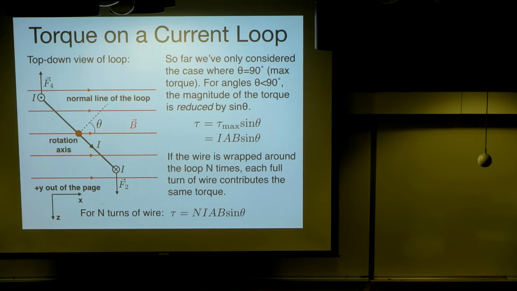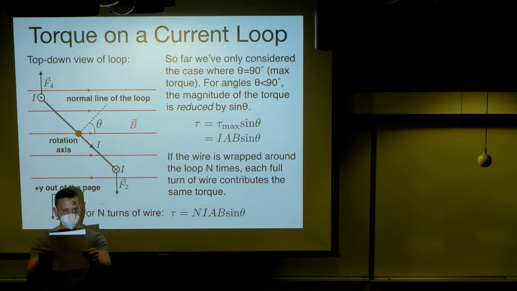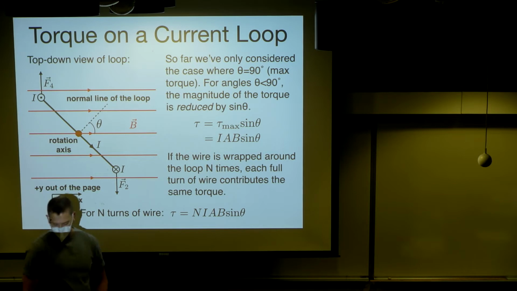Now I want you to think about them having any angle with respect to one another. So this is a slightly different view of that same loop. Now we're not looking at the loop face on. Instead, we're looking at it from the top down.